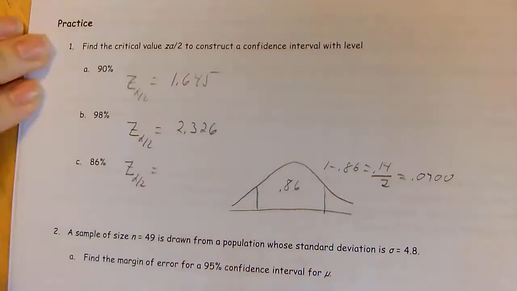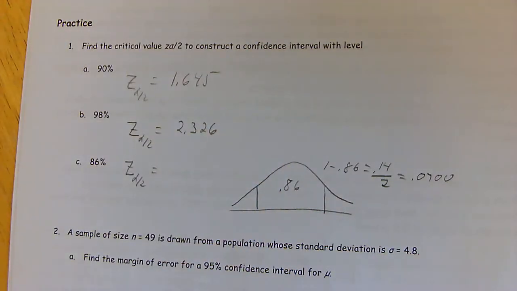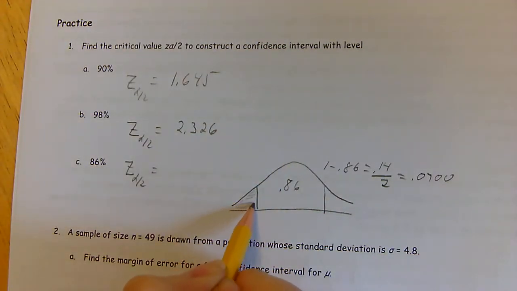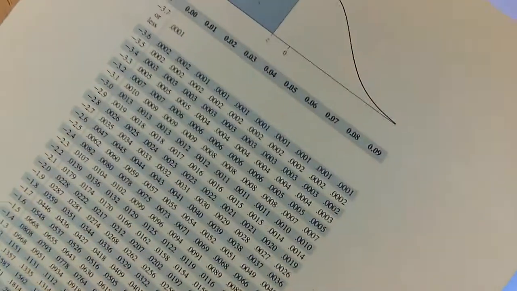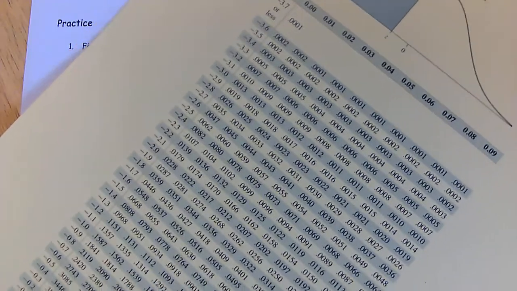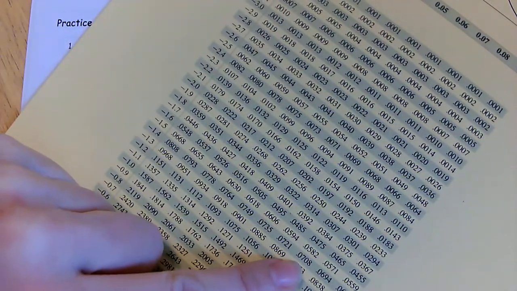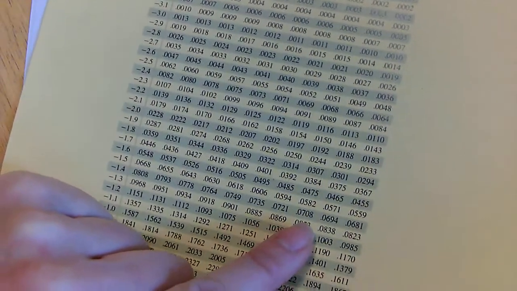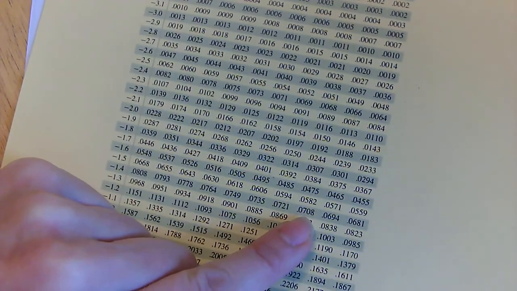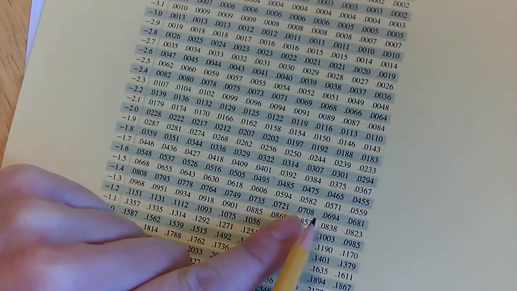So I'm looking for the area under the curve closest to 7%, or 0.07, on the negative z side. This number is going to be 8 10,000ths off.